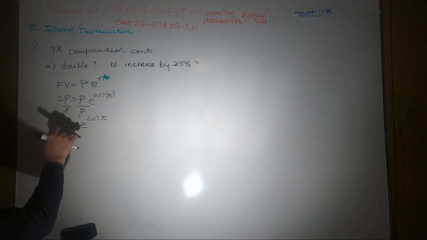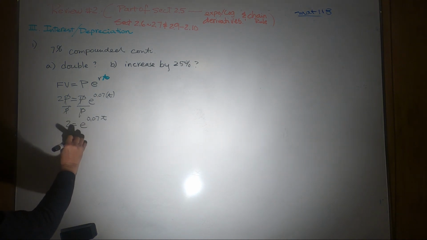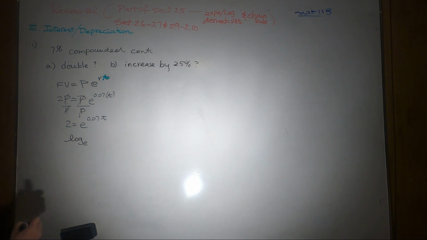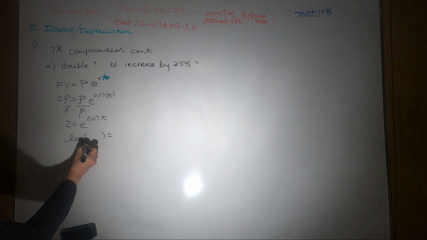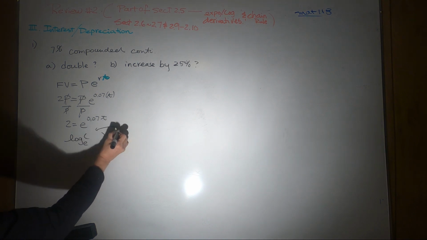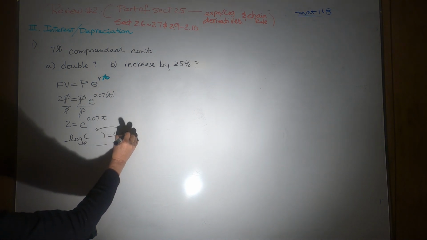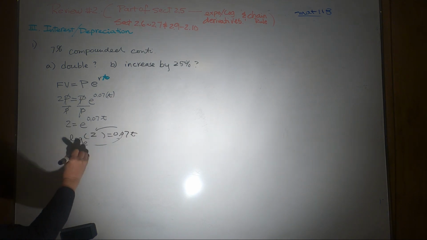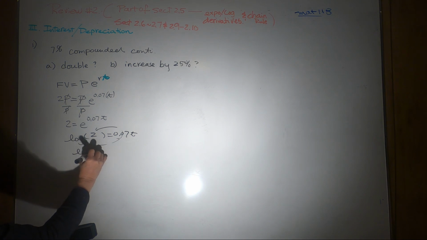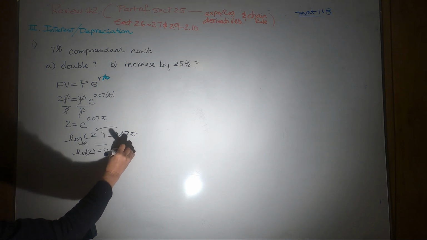You write log base e. Which one you put in the middle, which one you put outside. You hook to your power, then to the inside, right? So this is natural log 2 equals 0.07t.